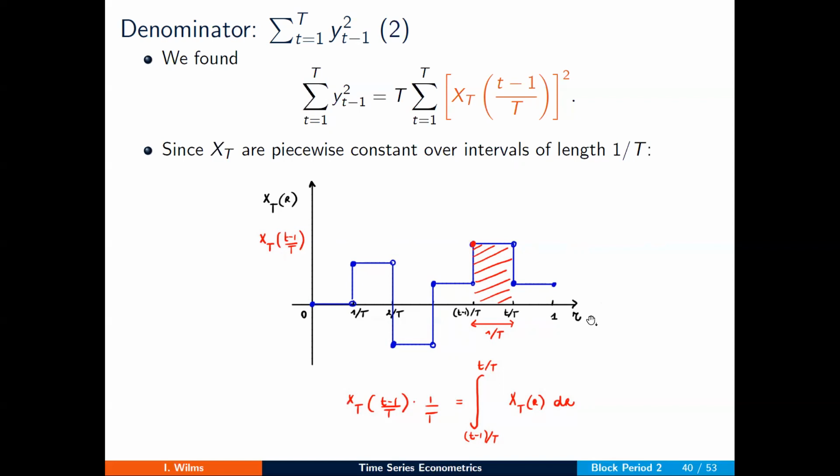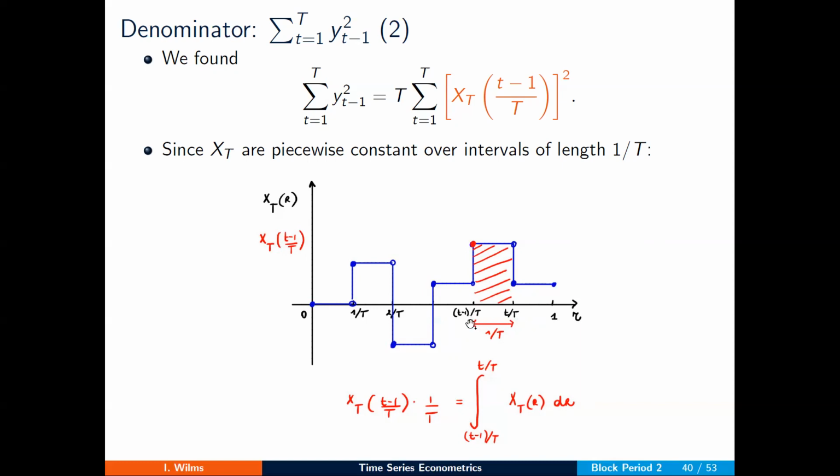On the horizontal axis, I have r going from 0 up until 1 in intervals of length 1 over T. On the vertical axis, I have the value of the scaled partial sum process. Now let's zoom into the interval between r equal to t minus 1 over capital T and t over capital T.